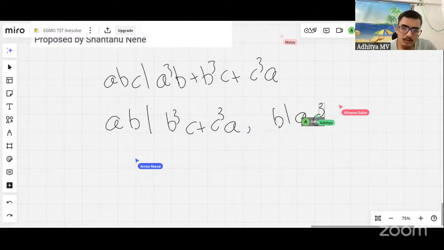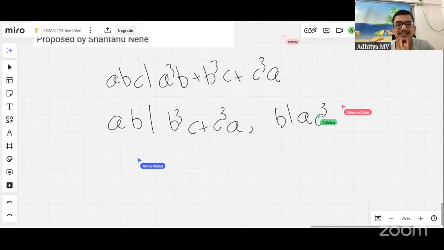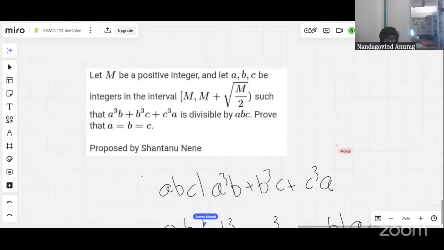How do you use the fact that it's n plus root m by 2? That seems kind of cursed.